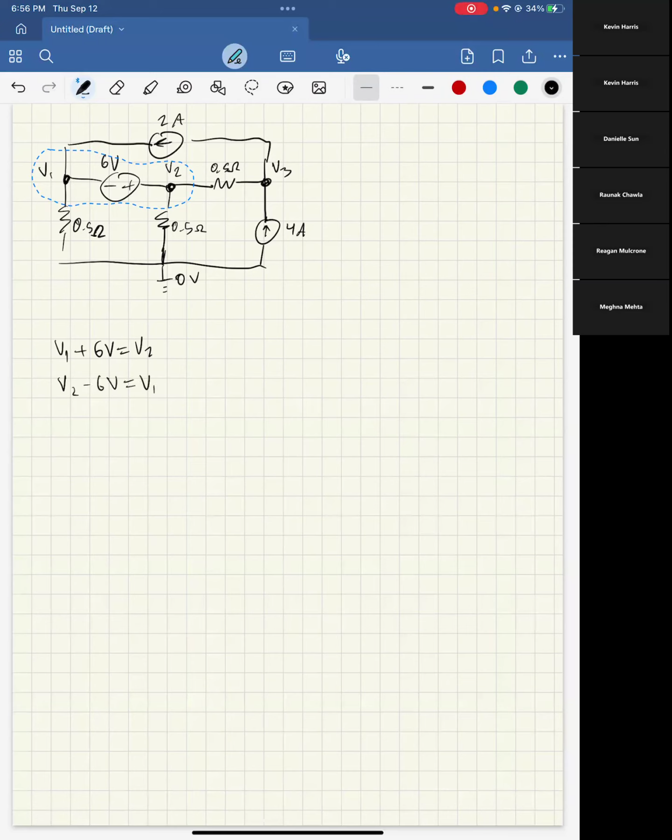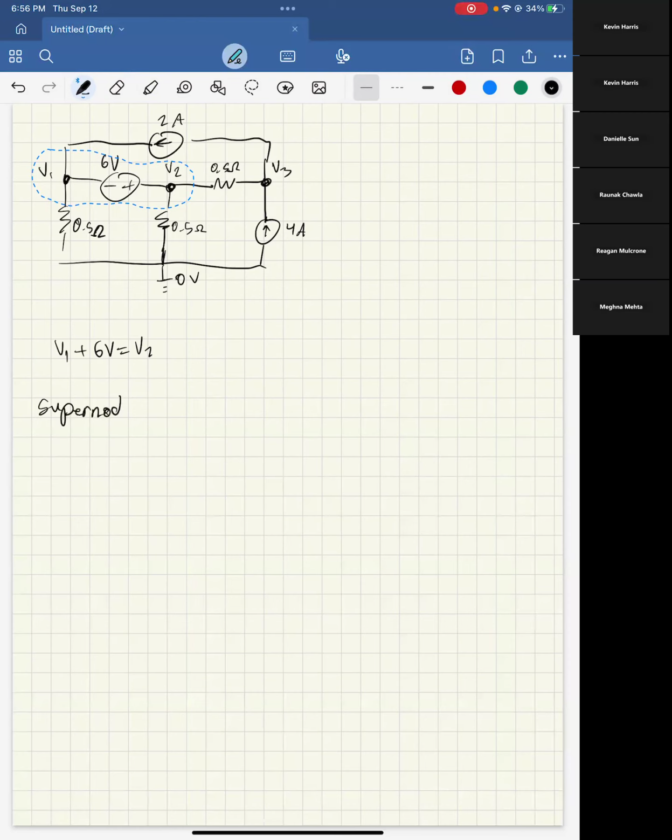They're the same equation. I'll just leave it as that first one for now.